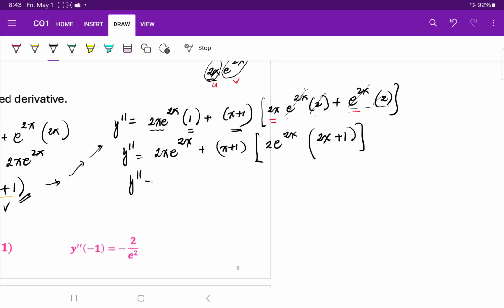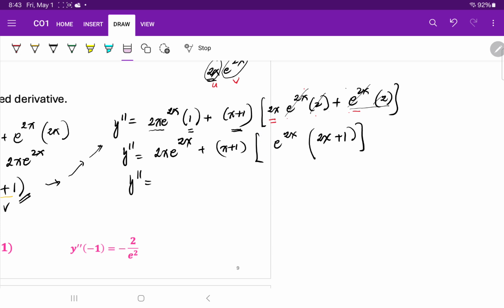We have y double prime is 2x e to the 2x plus what? We check again if we have a common factor. What's our common factor?